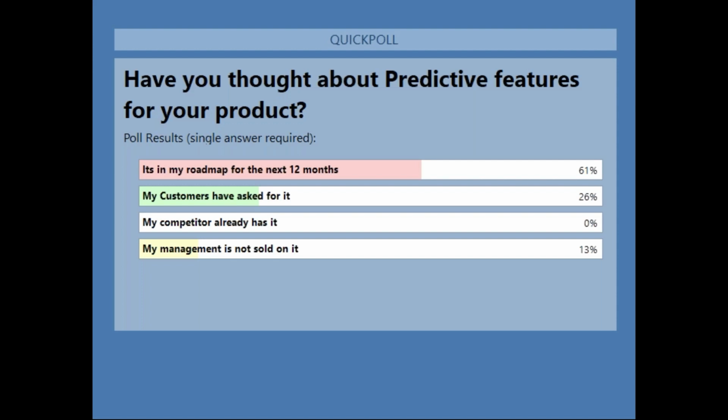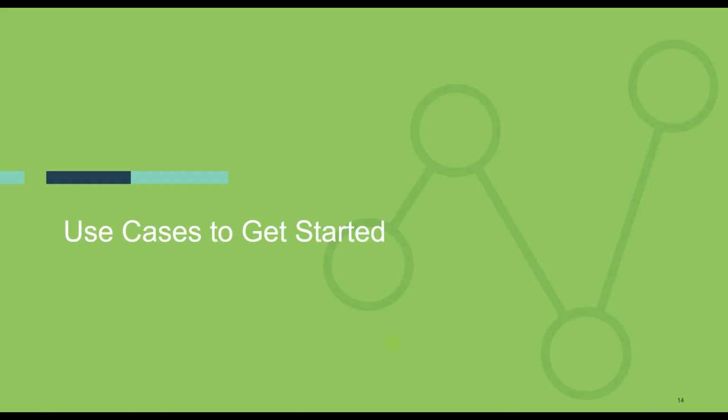So let's move on to the next topic: how do I get started? This is where the biggest stumbling block for a developer to put together a quick prototype is deciding what problem to focus on.